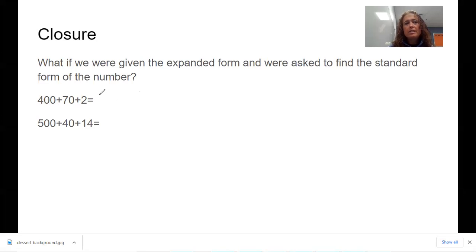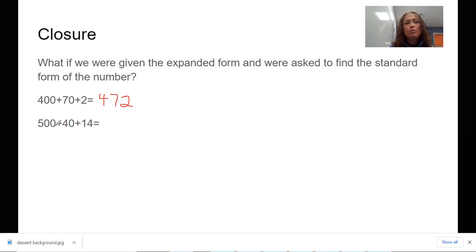Well, 400 is the same as a 4 in the hundreds place. 70 is the 7 in the tens place. And 2, of course, is a 2 in the ones place, okay? So remember, 400 is 4 groups of 100. 70 is 7 groups of 10, and 2 would be 2 ones.